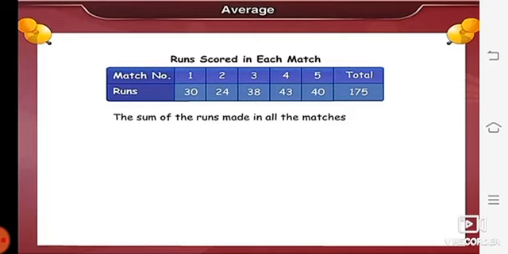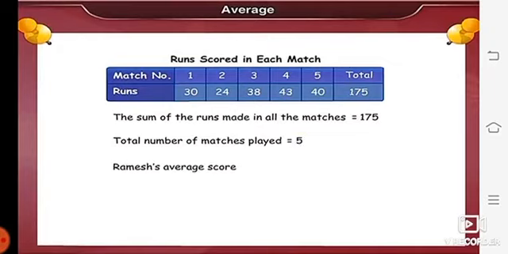We are going to divide it by total number of matches. Here we have runs, that is 30 plus 24 plus 38 plus 43 plus 40, which will give us a total of 175. And total number of matches played is equal to 5.